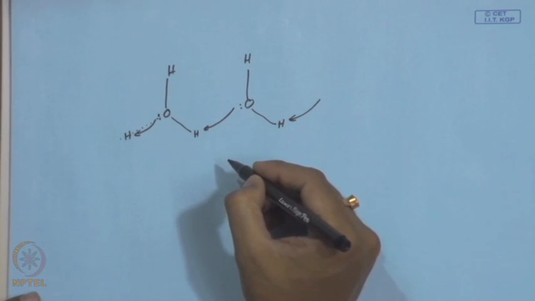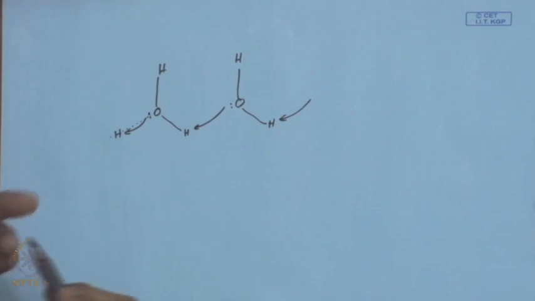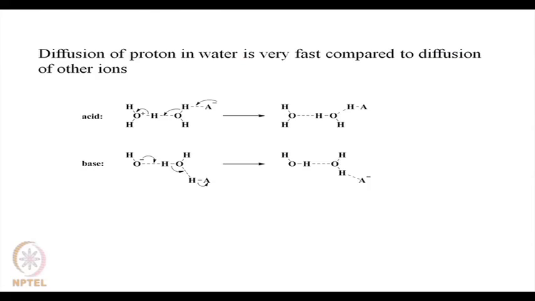of mechanism. Okay. So, that is why it is very fast compared to diffusion of other ions, because for proton it is the lightest entity. Lightest entity means it does not require that much time to move, and if this mechanism is operative, then it is even faster.